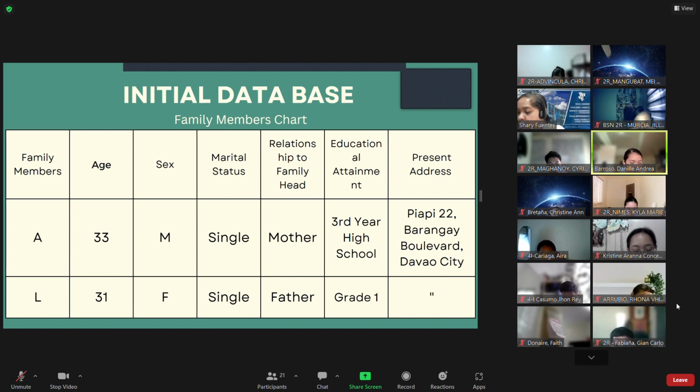Term birth po ma'am kay 4 niya ang premature.